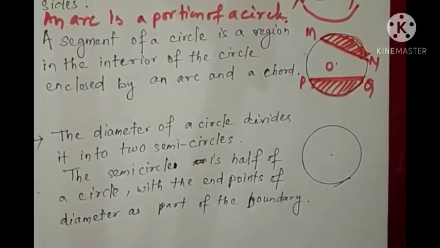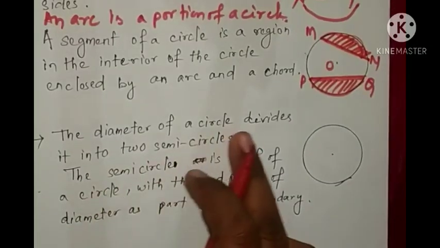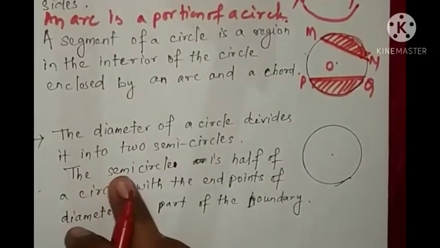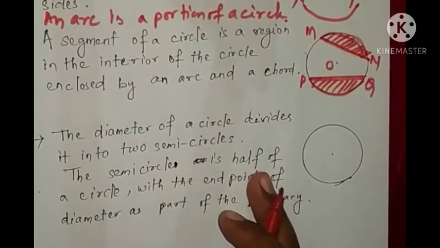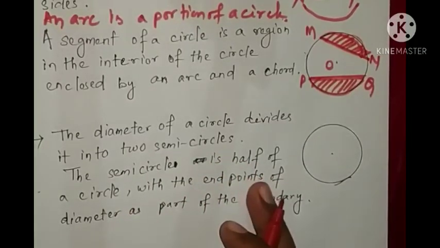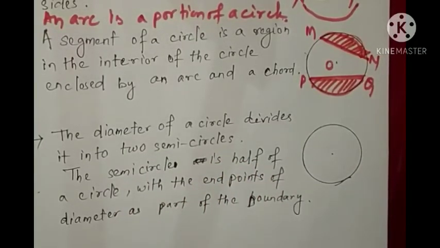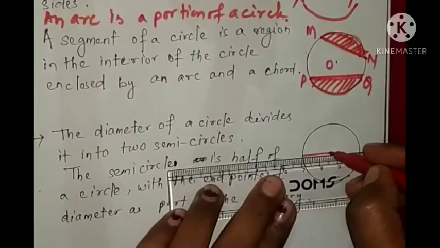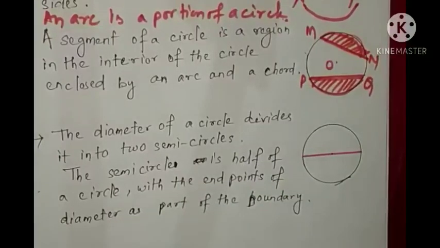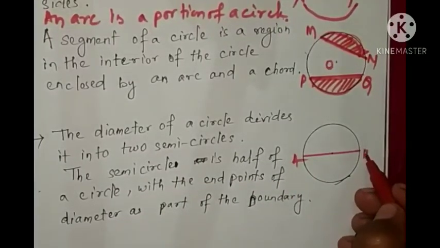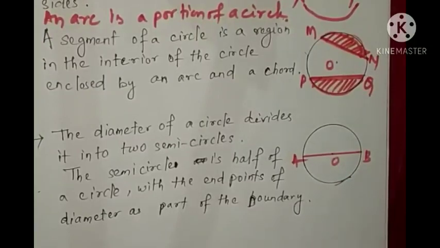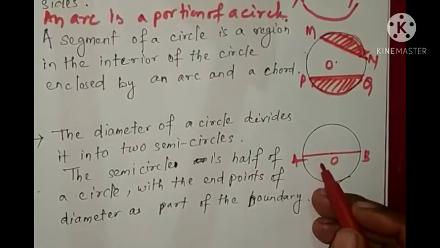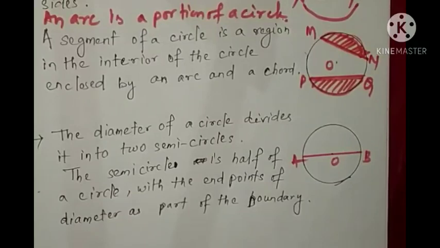Next, the diameter of a circle divides it into 2 semicircles. A semicircle is half of the circle with the endpoints of the diameter as part of the boundary. So if I make a diameter, let it be AB, this diameter divides the circle into 2 equal halves.